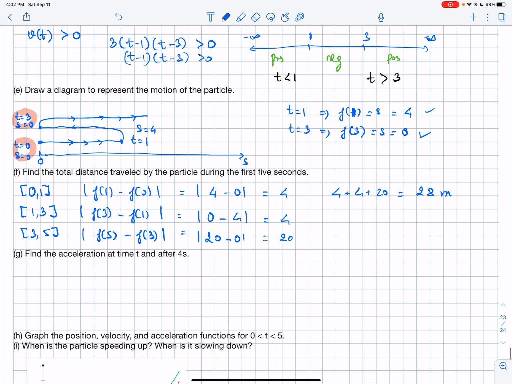Find the acceleration at time t and after 4 seconds. The acceleration is the second derivative of the position function, which is the first derivative of the velocity.